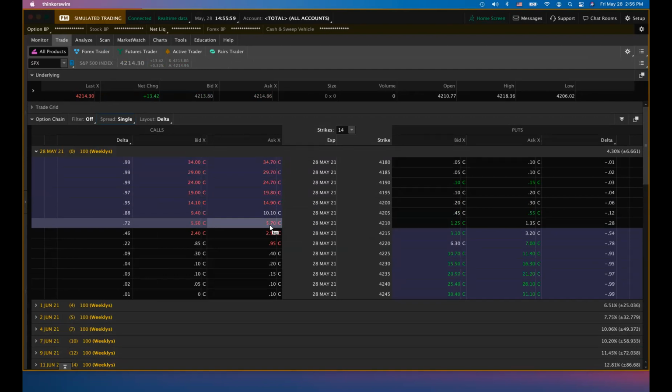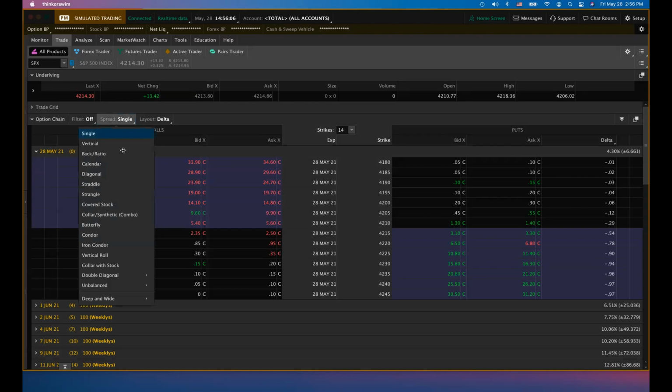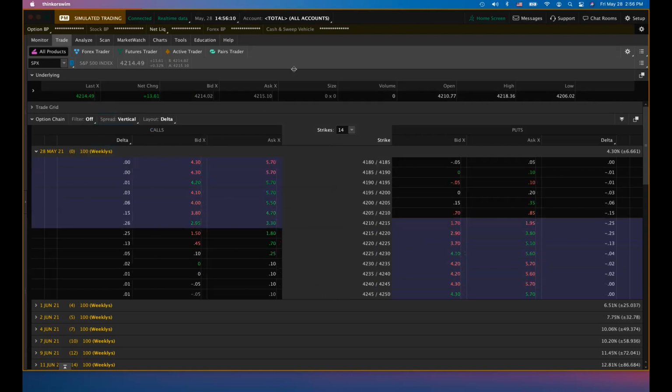Since I don't have $580, I want to turn this into a debit spread. So I'm going to go to vertical, and with price at 42.14, I've brought my price down to $330.